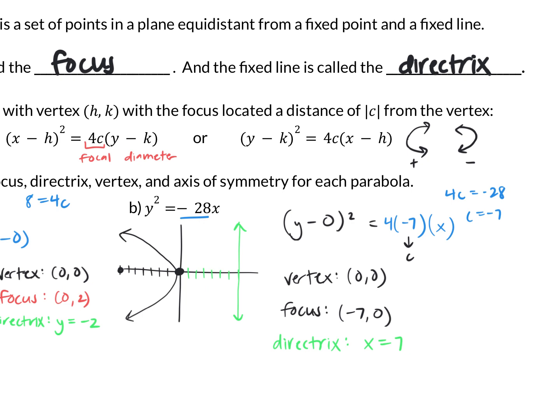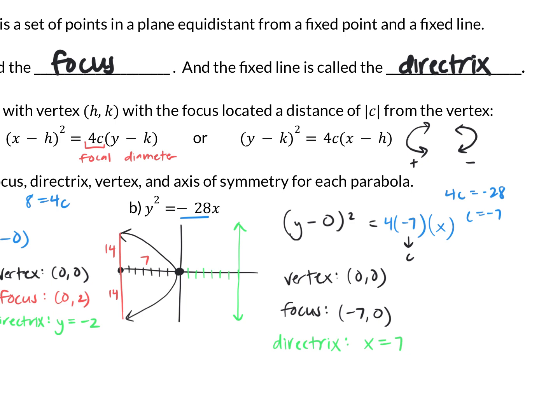And then again, my focal diameter, if I were to connect these 2 points through that focus and touching both endpoints, that entire distance is 28, which means half of that distance is 14, which means the focus distance to the vertex is 7. You see that? Whole thing's 28, split it in half again, gives you that focus. Okay.